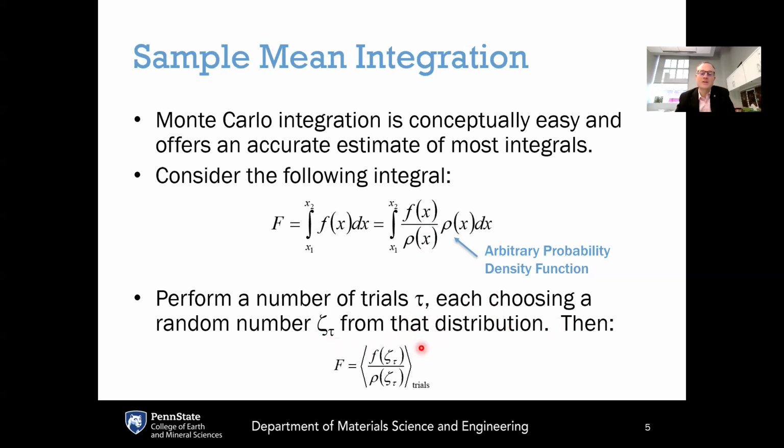And then we can estimate this integral as being the average value over all of our trials of this function evaluated over those random numbers, zeta sub tau, divided by this arbitrary probability density function, rho of zeta sub tau. So we're sampling it on that probability density function and then dividing out that probability density function to get the overall integral.